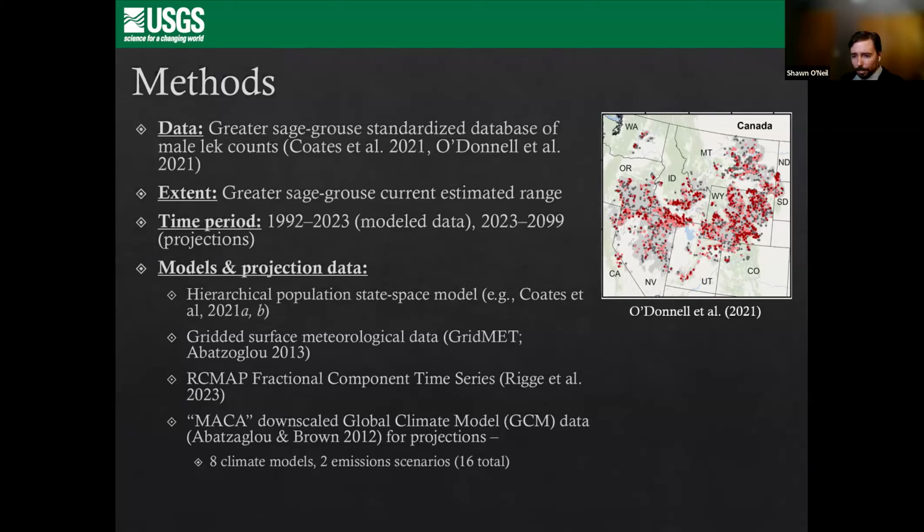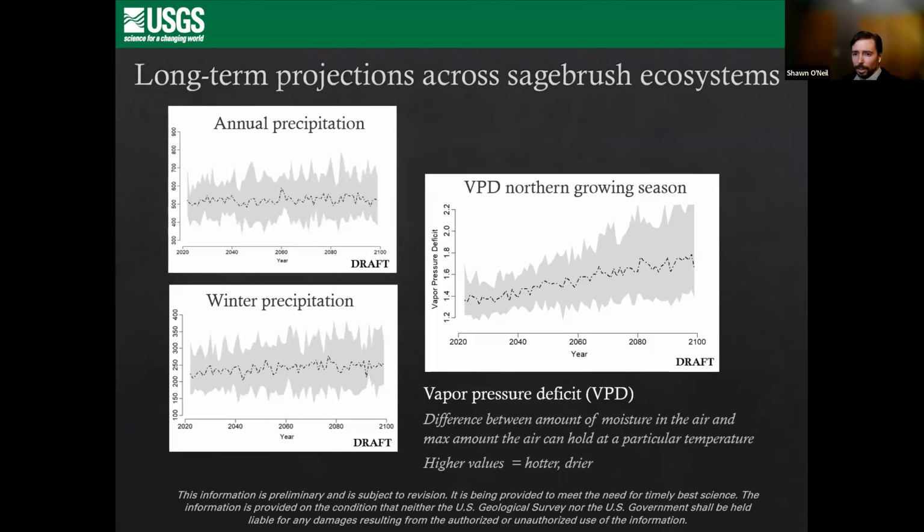And then we're using downscaled global climate model data to project population growth or decline into the future under 8 different climate models and 2 different emission scenarios, so 16 total models that we're working with there. When we look at the climate projections averaged across the entire sagebrush ecosystem, we can see a couple of patterns here.